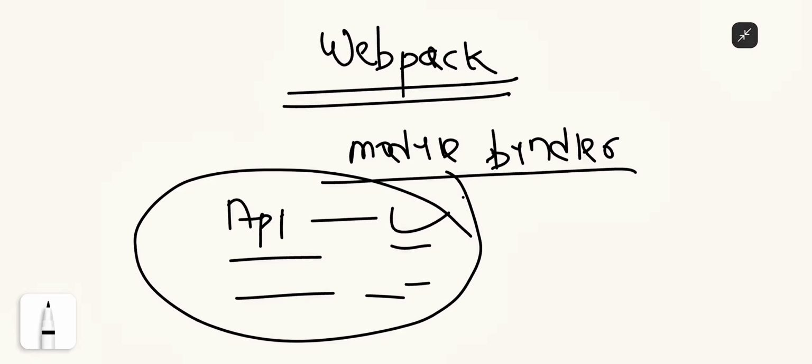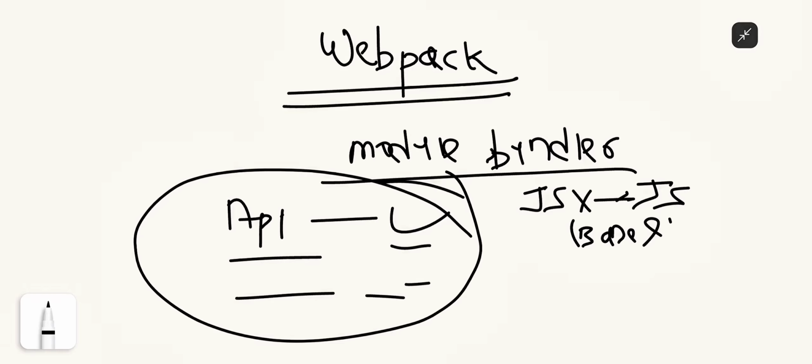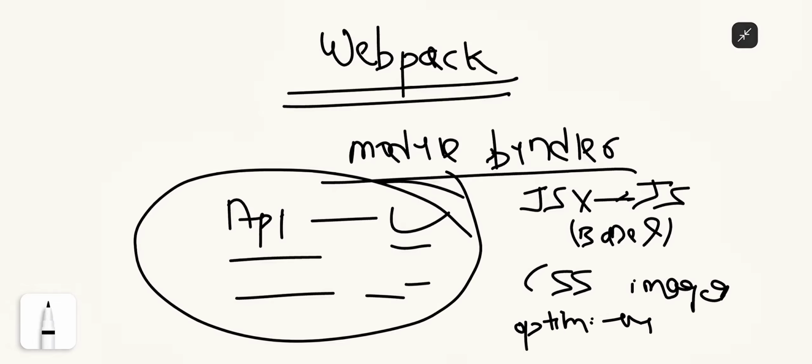Other than this, Webpack can also compile JSX into JS, but only when integrated with Babel. Other things Webpack can do are processing CSS, processing images, and optimizing code. Earlier, React projects commonly used Webpack as their build tool, but today Vite is used most because it provides faster development. So that's all about Webpack.